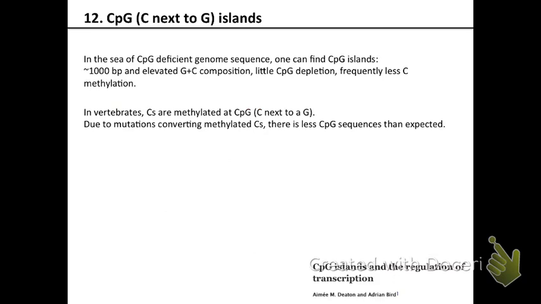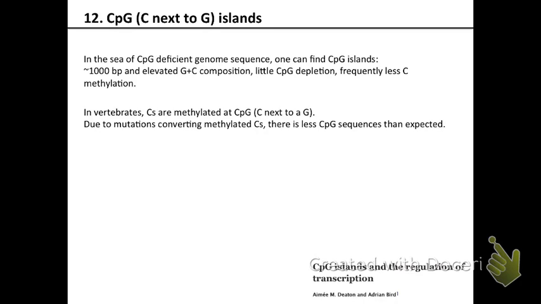What do I mean by CpG island? Okay? This is basically the description of what a CpG island means. So, if you look at the genome sequence, you're not going to find a lot of C's next to G's. CpG essentially is a C nucleotide right next to a G nucleotide.